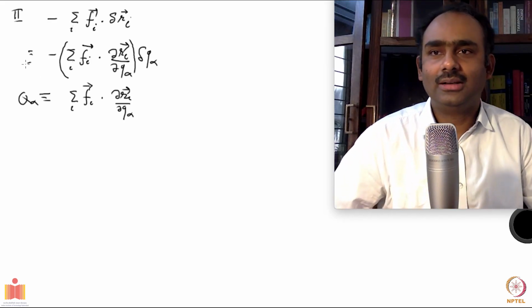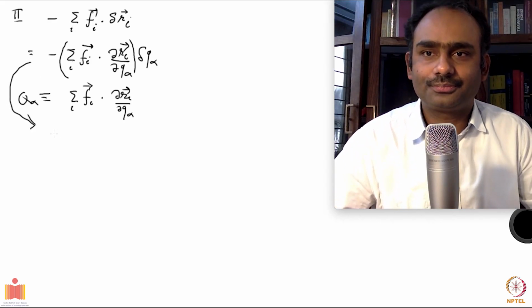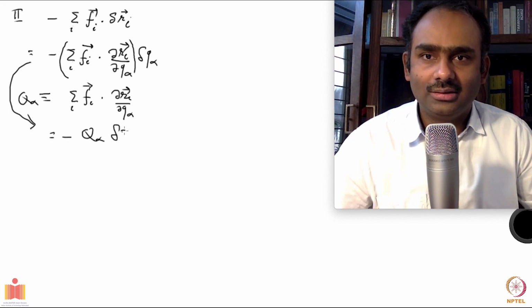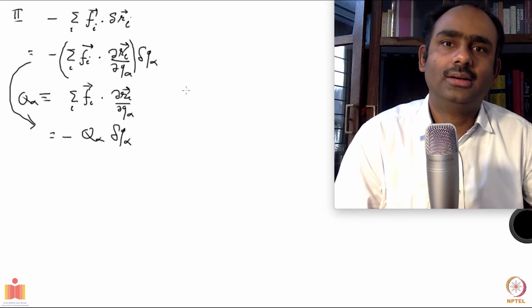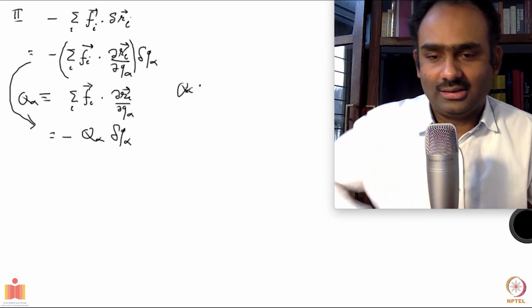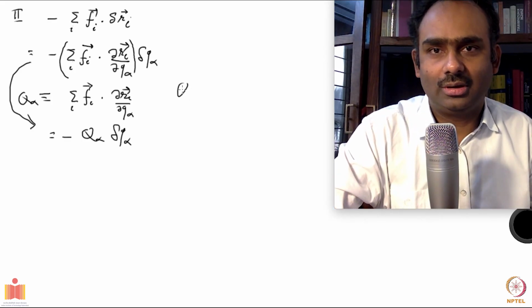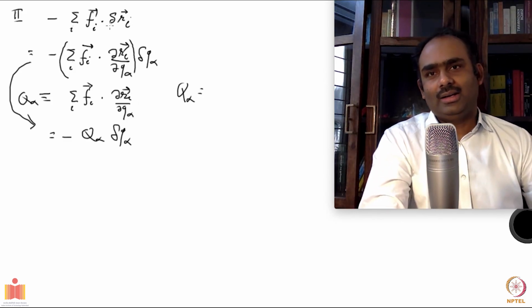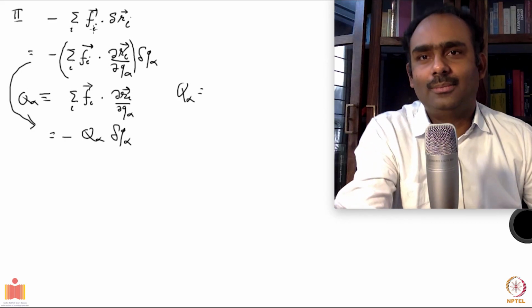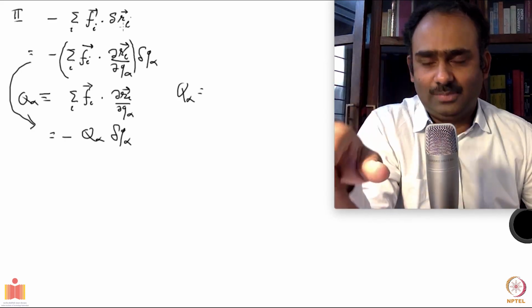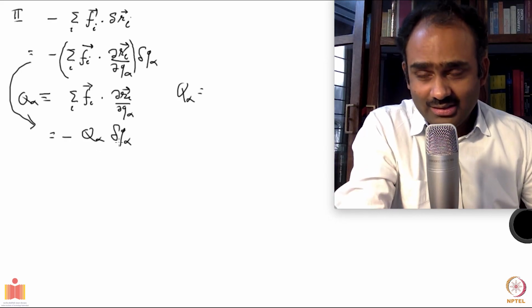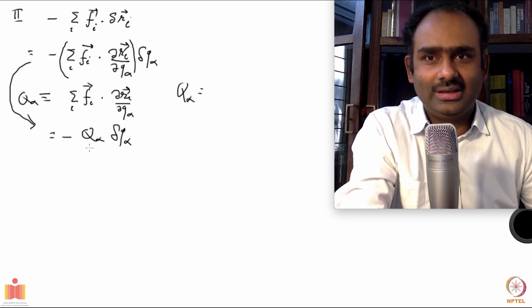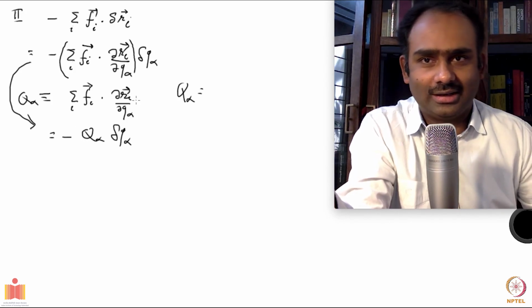With that, the second term becomes minus Q alpha delta Q alpha. It's quite natural to call Q alpha the generalized force. Here, the forces were multiplying the virtual displacements. Here you again have virtual displacements, but those of generalized coordinates. So whatever multiplies them here you will call the generalized force.